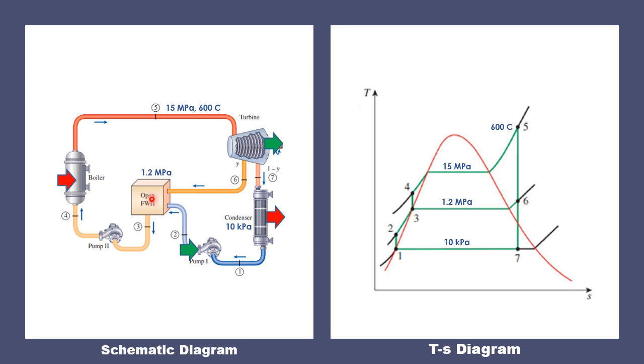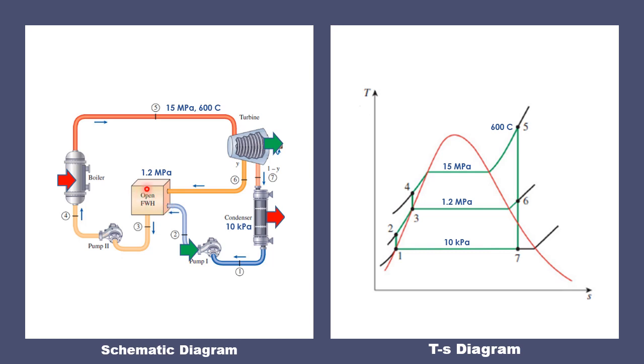Take note that the open feed water heater operates like a mixing tank or a mixing chamber wherein the fluids that enter will all mix together. And in order for them to mix, they have to be at the same pressure. That's why the steam at point 6 and the feed water entering at point 2 will have the same pressure so that they will mix.